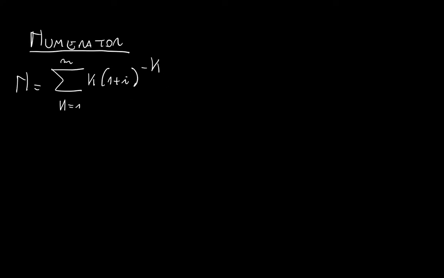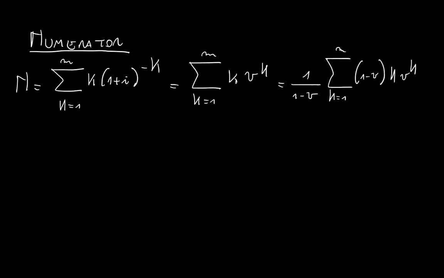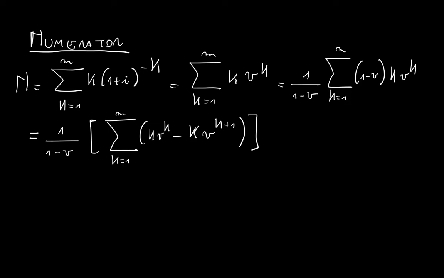Then the numerator is the sum of k multiplied by 1 plus I to the power minus k. We put the usual simplification with v, then we multiply by v by 1 minus v, divide and multiply by 1 minus v, and then we expand the subtraction inside the summation.